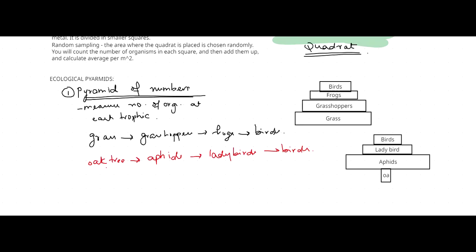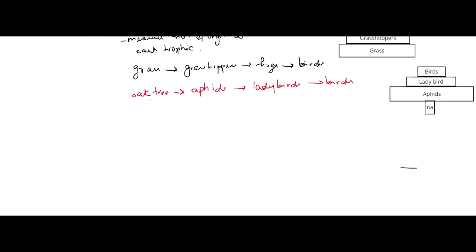Then the second method used by scientists that is actually reliable is the pyramid of biomass. This is the second option: instead of making a pyramid of numbers, we make a pyramid of biomass. What is biomass?